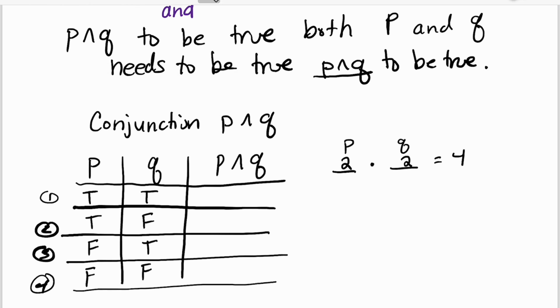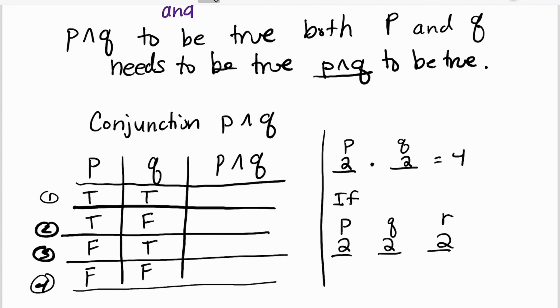Just a little side note: if I had P, Q, and R, then I would have 2 possibilities for P, 2 for Q, and 2 for R. They could all be true or false, and when I multiply them together, I should have 8 combinations of true and false. Just remember, when you're making sure that you have the correct number of rows, you use your counting principle.